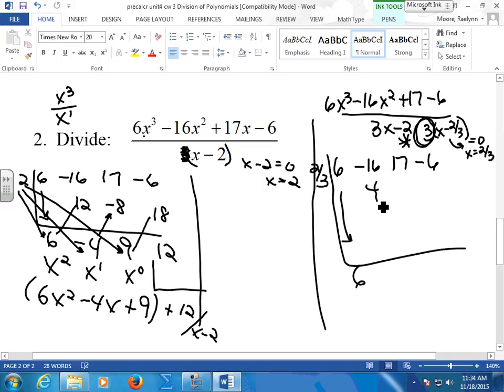Okay, add down. Okay, what is 2/3 times negative 12? Negative 8. Add down. What is 2/3 times 9? 6. 0. The 0 means that this is a factor.